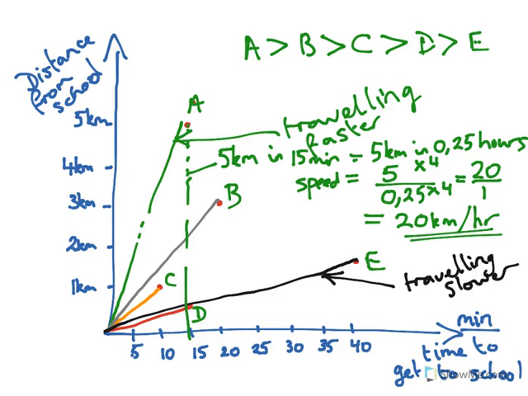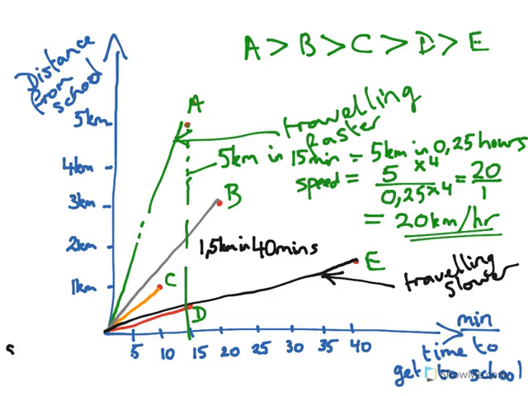If we look at, by contrast, person E, well, it took person E 40 minutes to travel 1.5 kilometres. 1.5 kilometres in 40 minutes. Let's change minutes to hours.